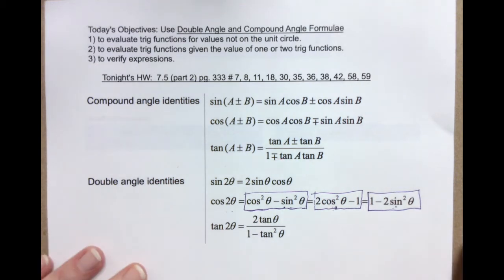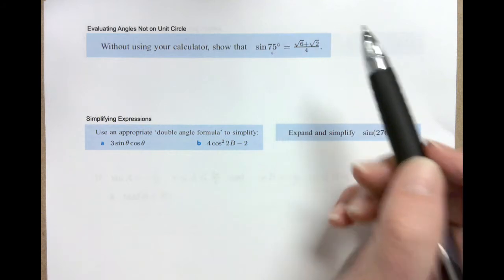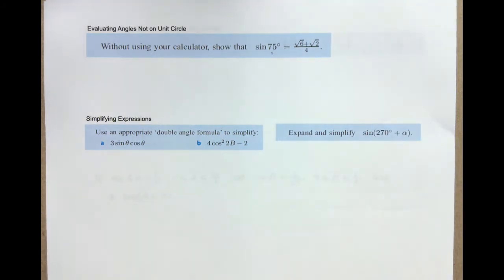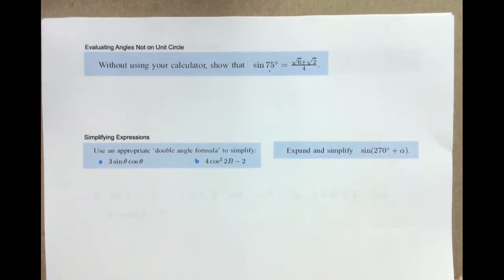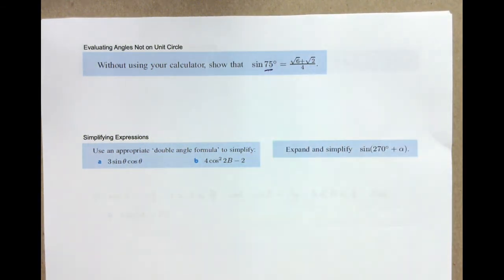So let's look at what in the world is this. And this is in degrees, so a little escape from radians for a second. Now, 75 degrees was not one of those on our unit circle, was it?